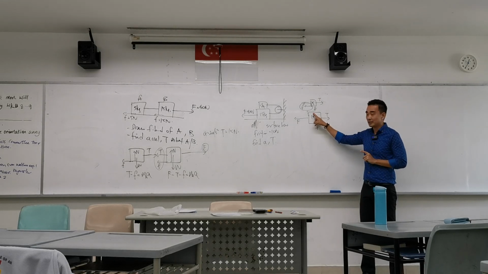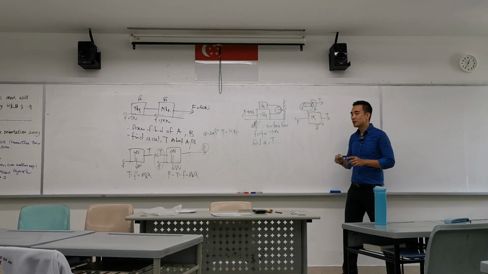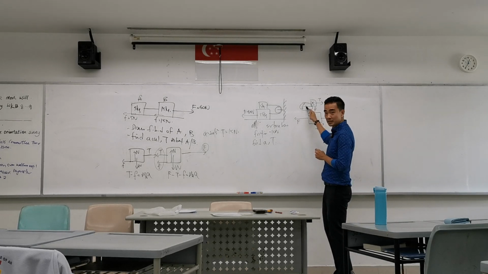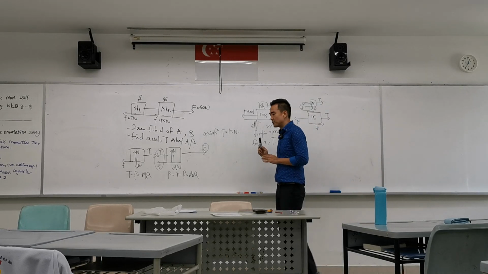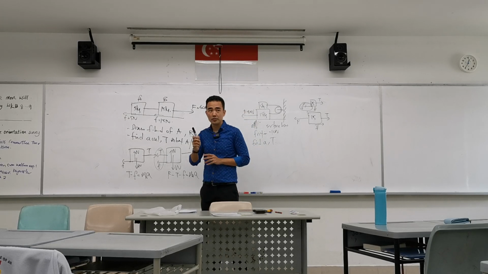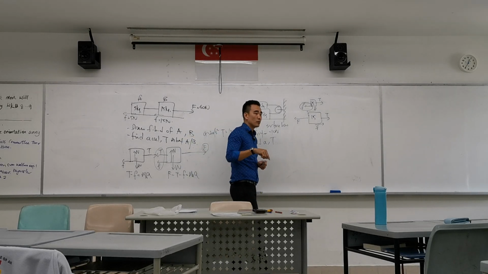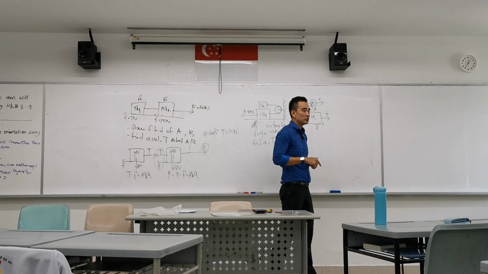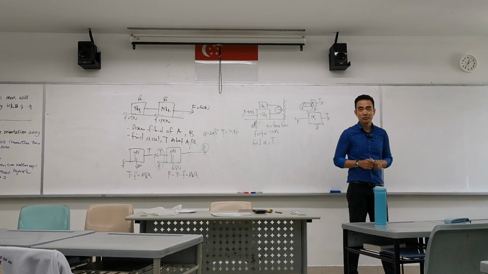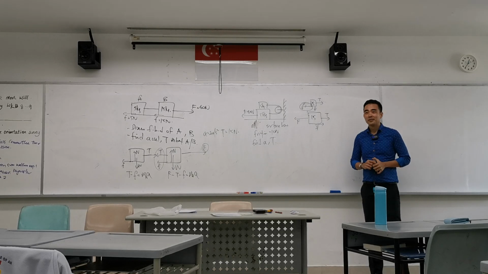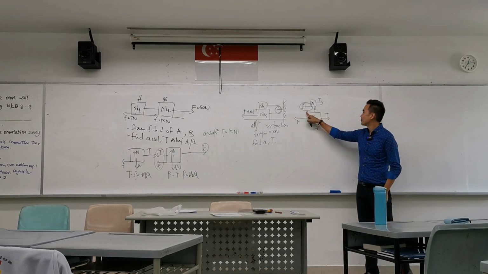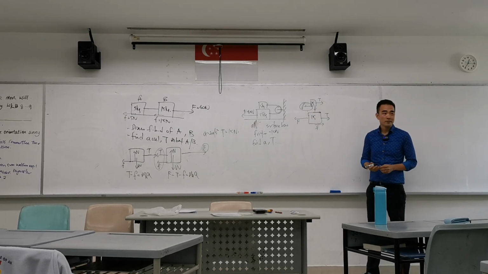Now, this circled frictional force is the frictional force that the 15 kg mass acts on the 5 kg mass. So what's the direction of the force that the 5 kg mass acts on the 15 kg mass? Towards the left or towards the right? Yes, correct. They are equal and opposite. So, over there.